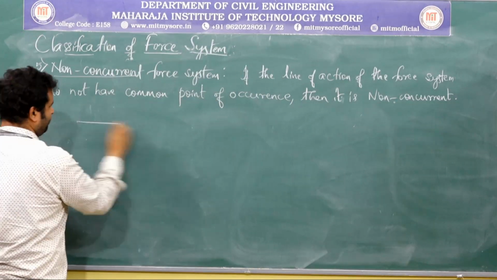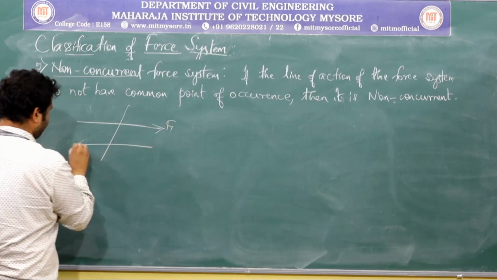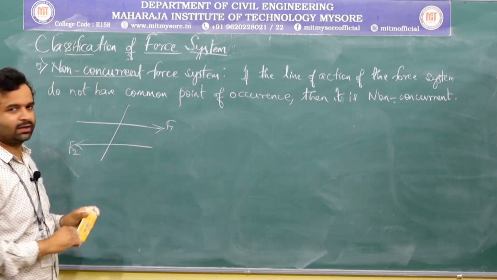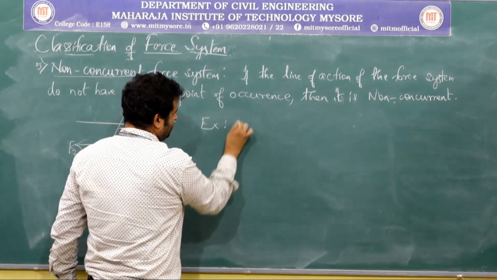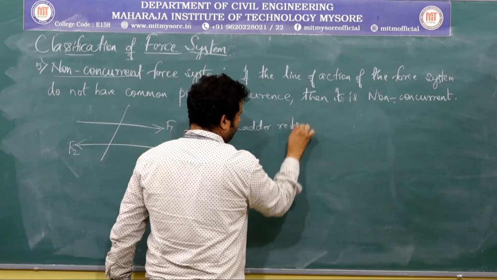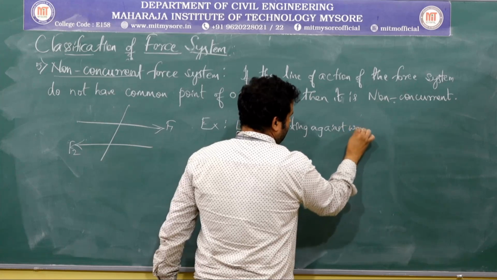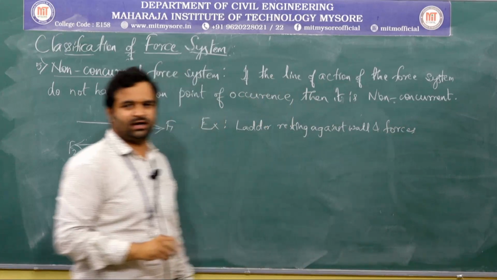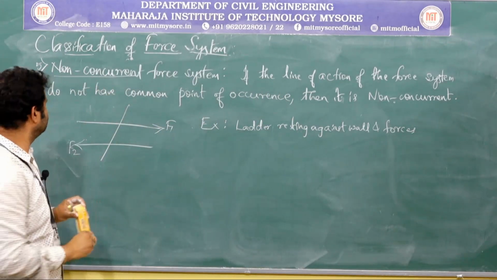Okay. This diagram helps you to understand about the non-concurrent force system, and example for this is the ladder resting against a wall and the forces which are acting on the ladder can be the best example for non-concurrent force system.